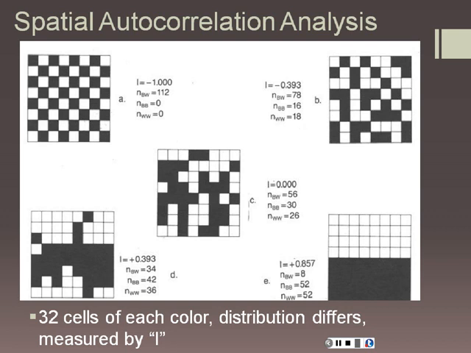If you assume that neighbordom is only defined by the 4 cardinal directions, these flat edges, you only have 4 neighbors, and there's no black cells next to white cells.